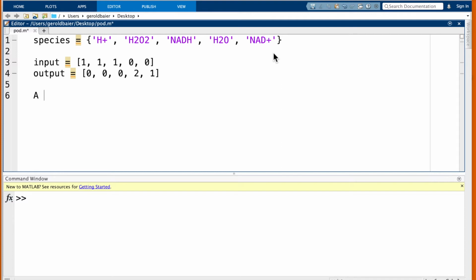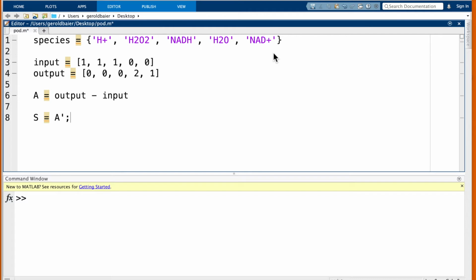From this, we can formulate the reaction matrix A as their difference. So we take the output minus the input, and that will be the reaction matrix A. At the same time, we can of course directly write down the stoichiometry matrix, which is nothing but the reaction matrix transposed, done by using the apostrophe or single quote.